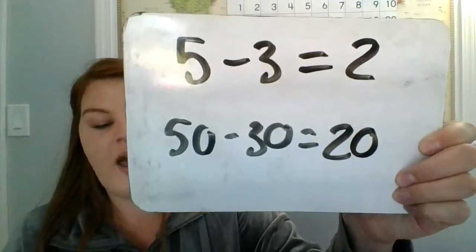So if you know that 5 minus 3 is 2, you could figure out that 50 minus 30 is 20 using those facts. And you could have used the number grid to hop the other way too, from 30 to 50 instead of 50 to 30, okay?